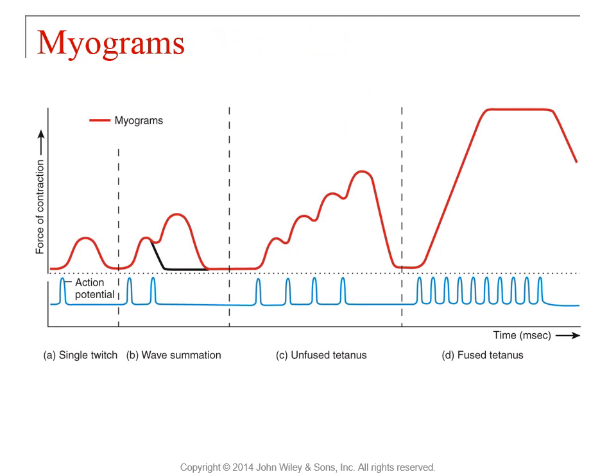So this is a picture of a myogram. I have something very similar to this in my office. It's not very precise. We use it more so for patient education. But if you start off to the left here at A, a single twitch, you notice there's an action potential generated in blue that's coming off of the axon. So you see the force contraction just above that.